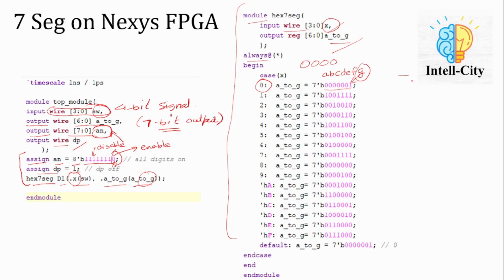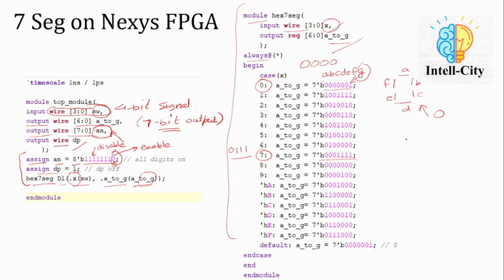So in this case you can see that A, B, C, D, E, F are all on, and only G, which is in the center, is off. So it represents 0. Similarly, if we have 7 on the input side, if the user provides 0 1 1 1 from the switches, this 7 is decoded to this number which says 0 0 0.